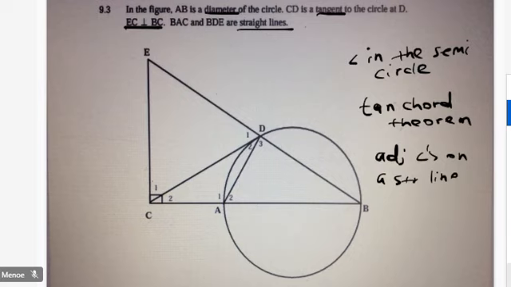Adjacent angles on a straight line add up to 180. In the reason you do not write that out, but you have to know why you are saying adjacent angles on a straight line. It means they add up to 180.